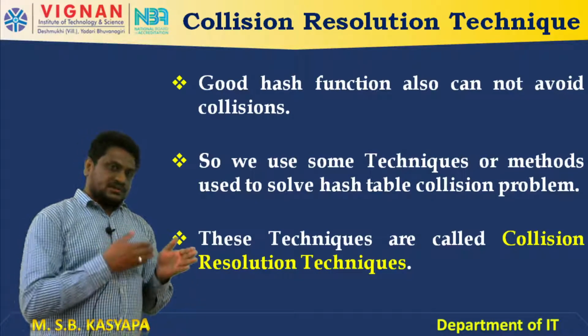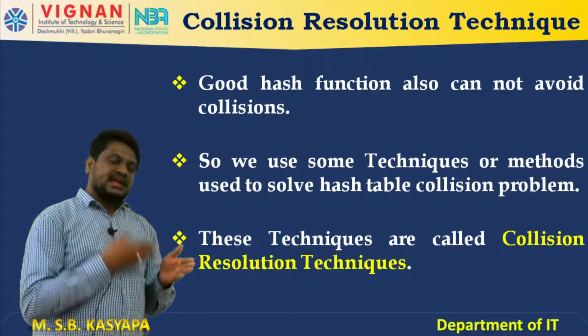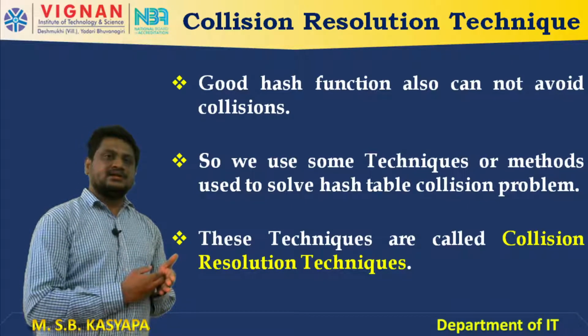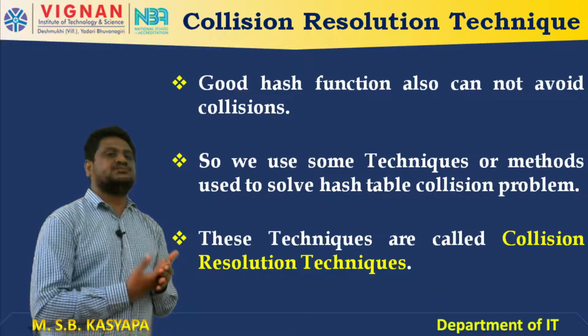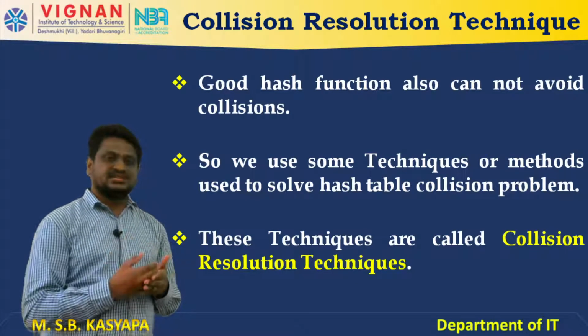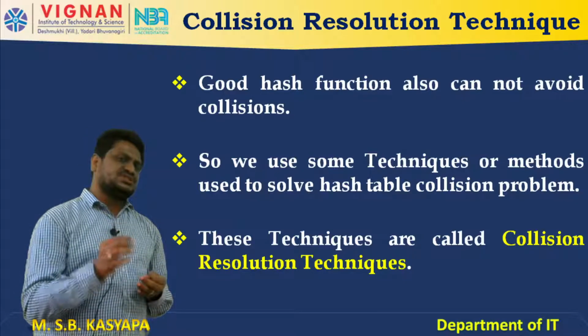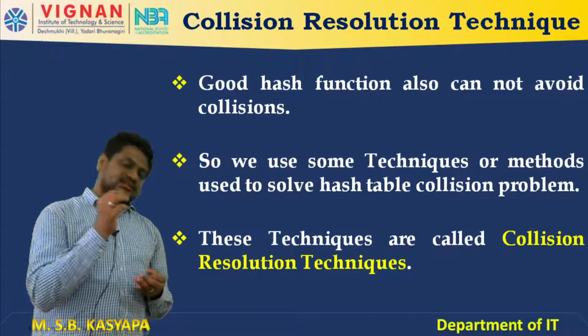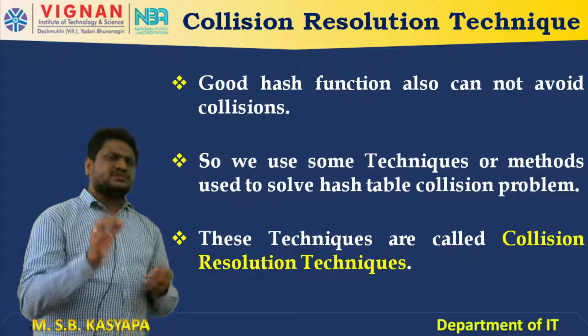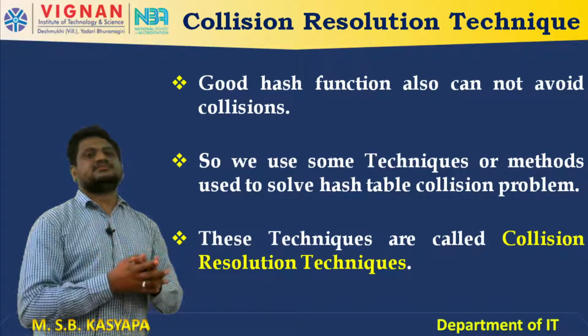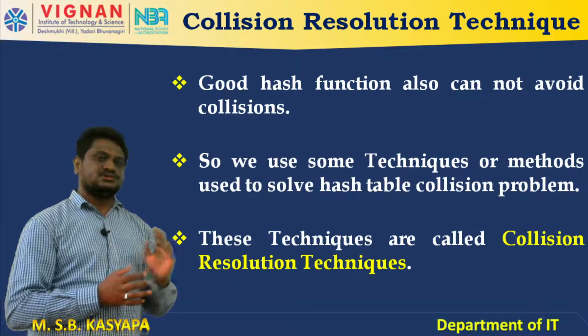In the previous slide we discussed that handling collisions is done by a good hash function. But producing a good hash function is very difficult. Even if you produce a good hash function, at some point it will produce collisions.